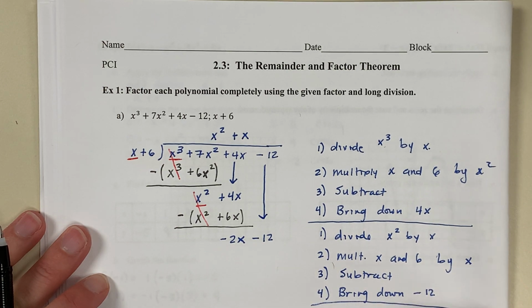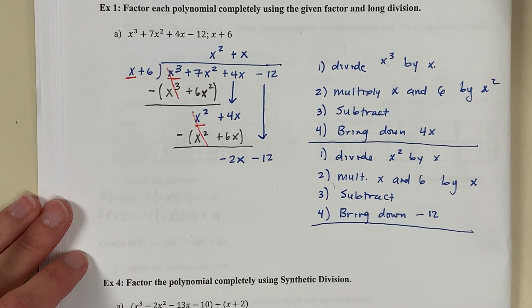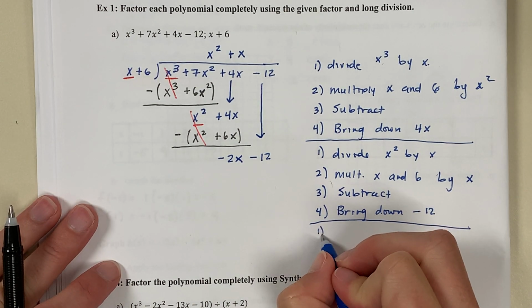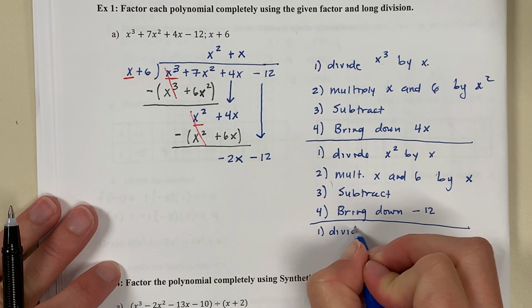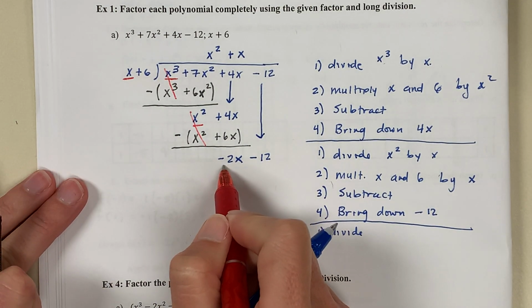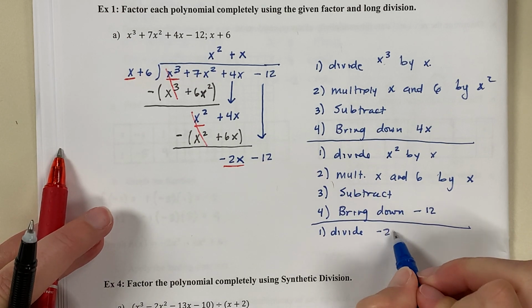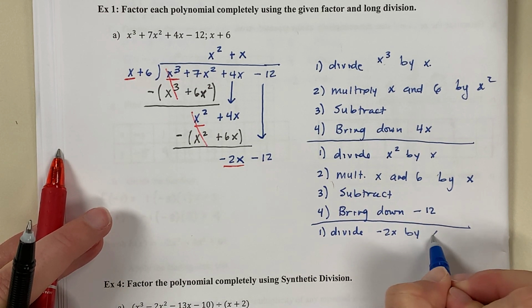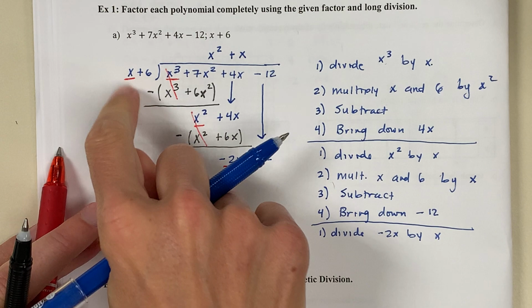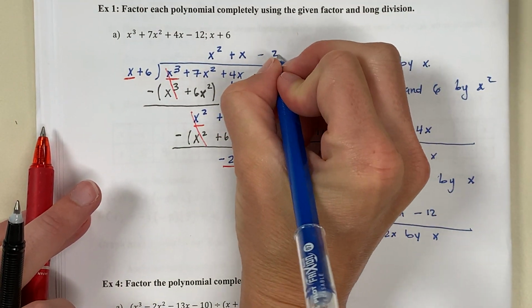And then I'm going to repeat this process one last time. So I'm going to divide x into the negative 2x. So divide negative 2x by x. Negative 2x divided by x is negative 2.